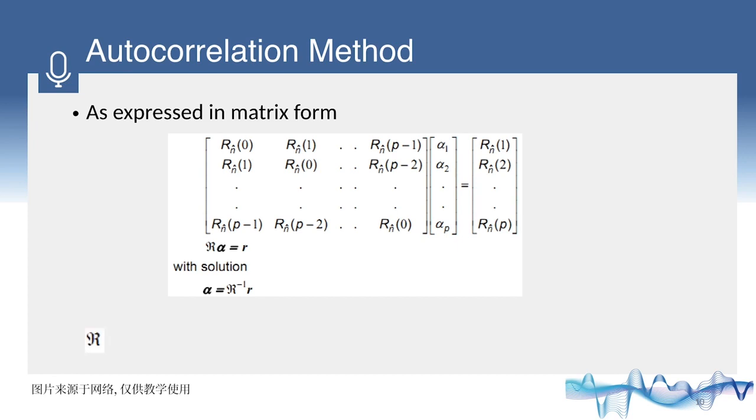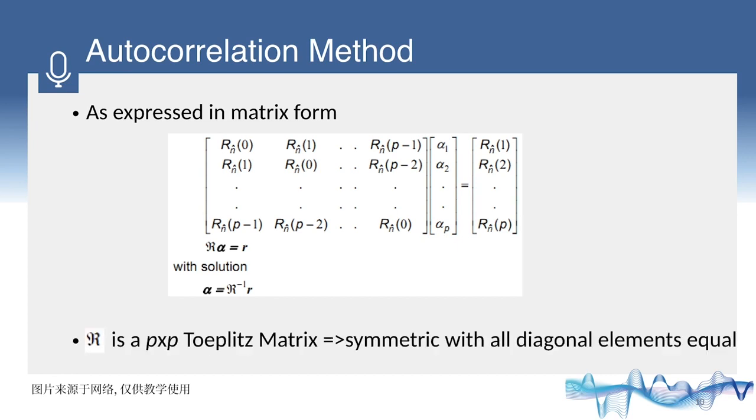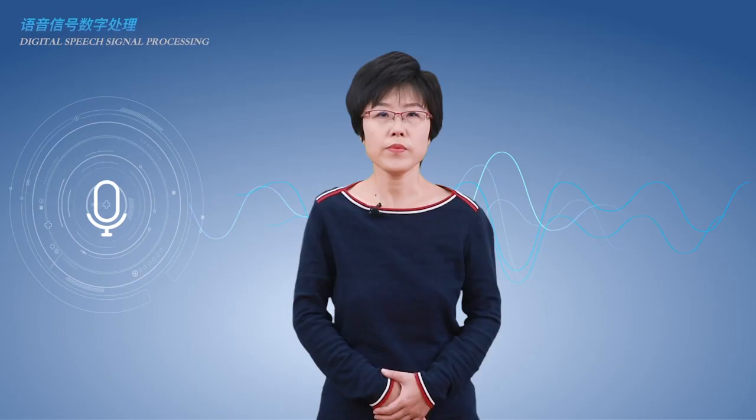The matrix phi_n(i,k) is shown to be an autocorrelation function. The resulting autocorrelation matrix is a p times p Toeplitz matrix, which is symmetric with all diagonal elements equal. It can be readily solved using standard matrix solutions.